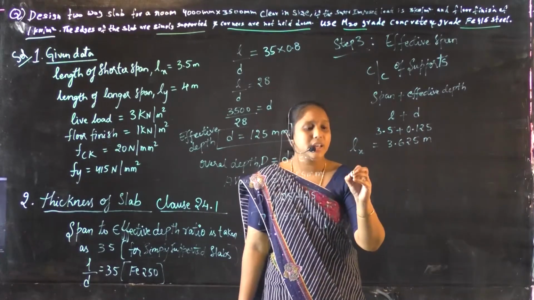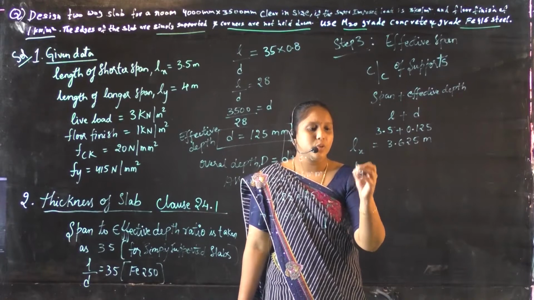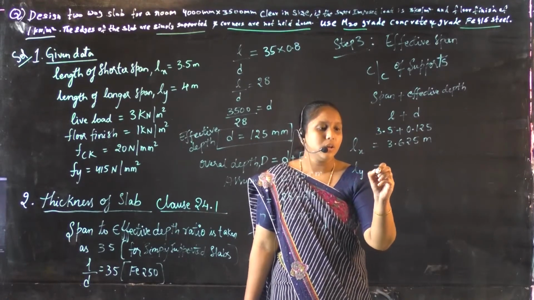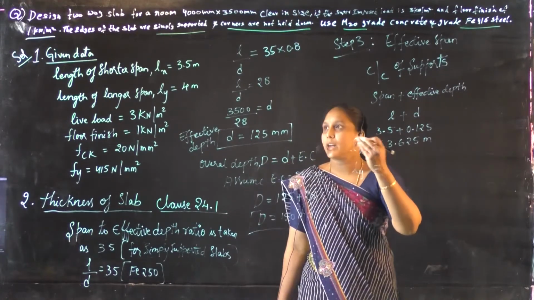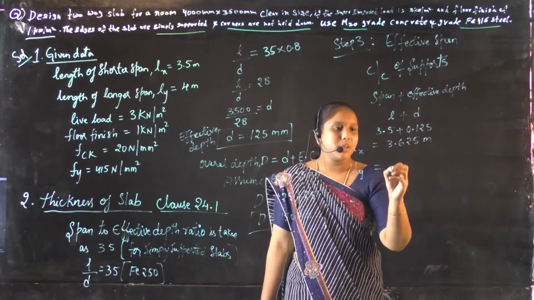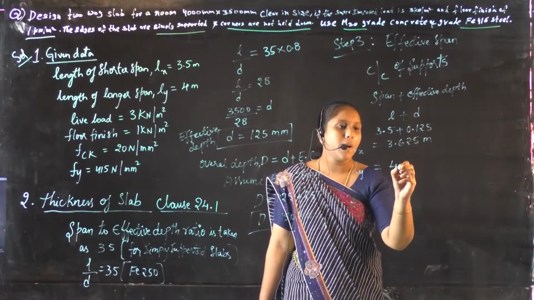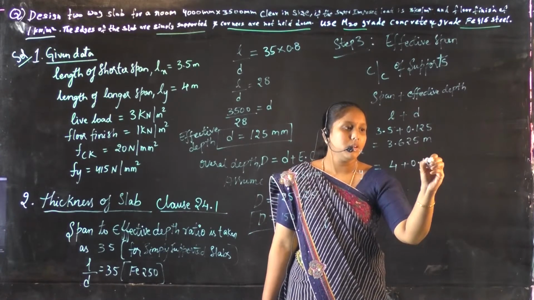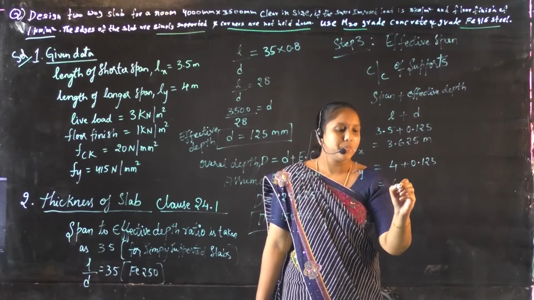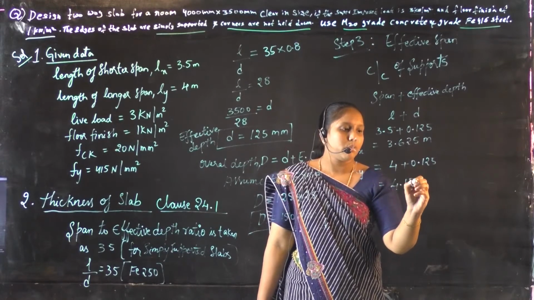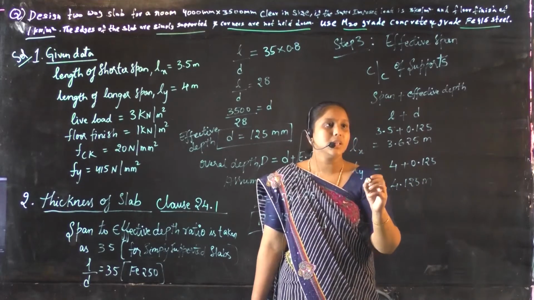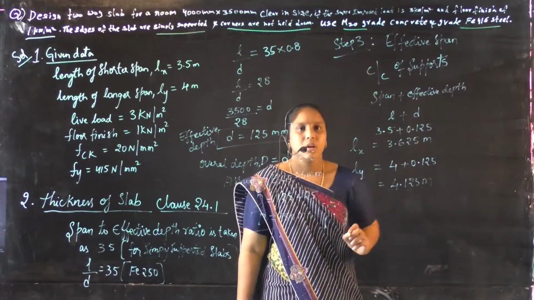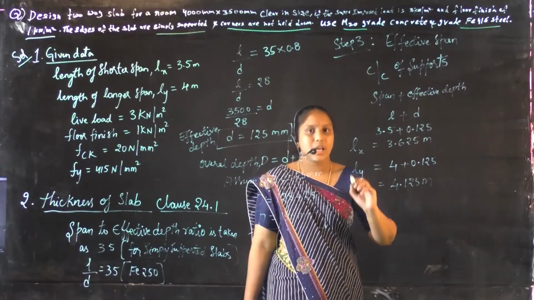In a similar way, let us calculate the effective span along the y direction. So along the y direction, how much will it be? It will be the span, that is 4 plus d. d is 0.125, which will give you 4.125 meters. So this one is along the longer direction, that is Ly.